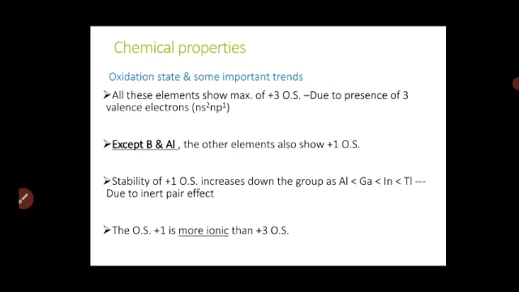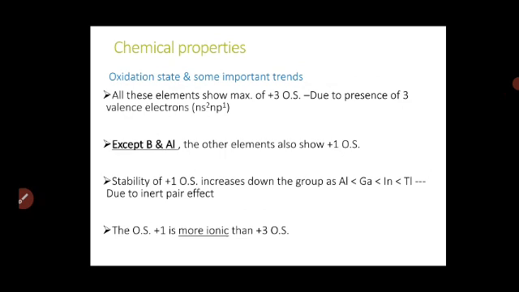As we have seen, these p block elements show variable oxidation state, and the common oxidation state is nothing but its group oxidation state, that is group number minus 10. So group number 13 elements also show maximum oxidation state of +3, because 13 minus 10 is 3.